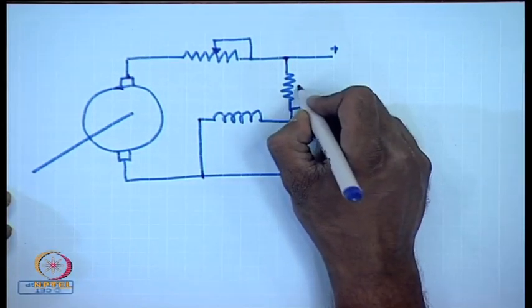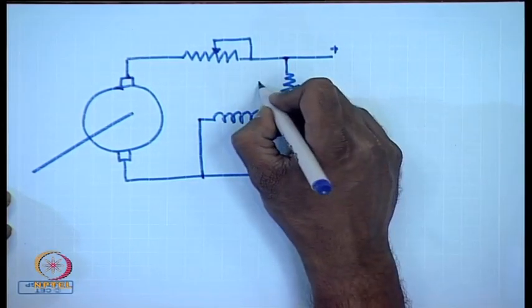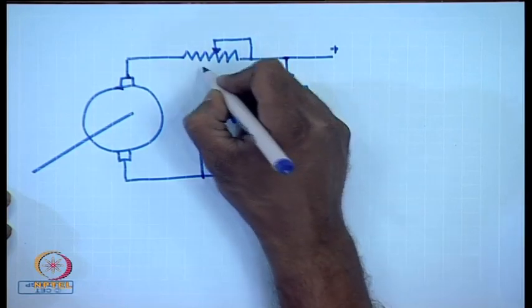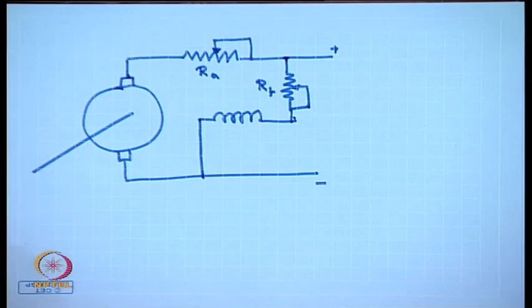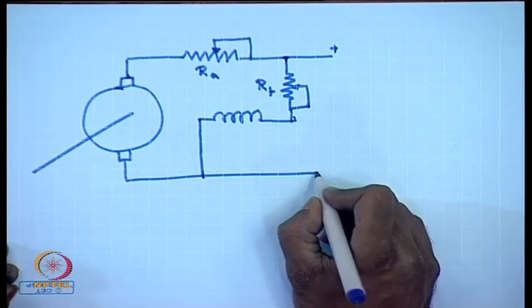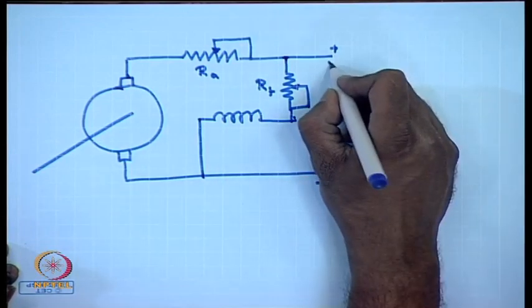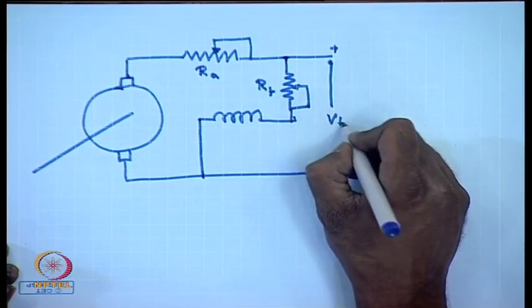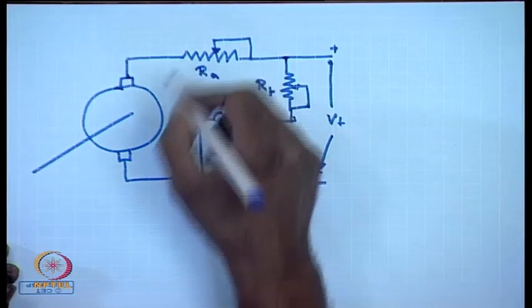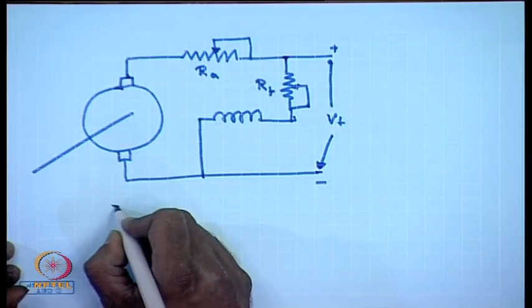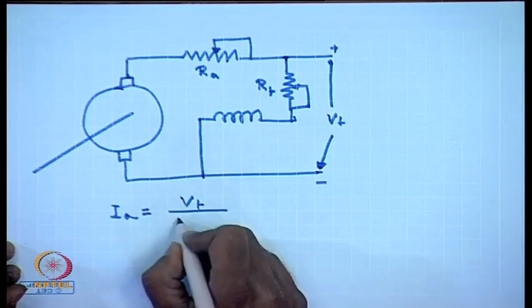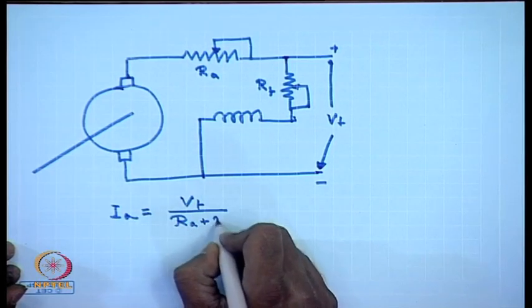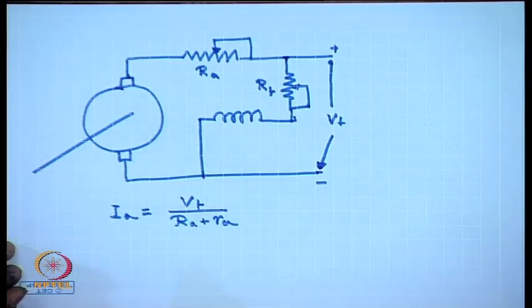There are two resistances, one connected in the armature circuit. So, with this during start we can write I_a equal to V_t divided by capital R_a plus intrinsic armature resistance R_a.